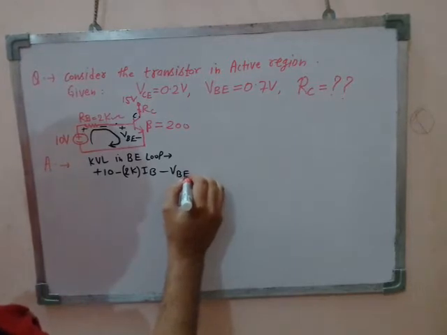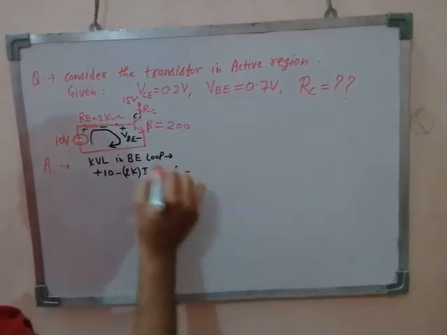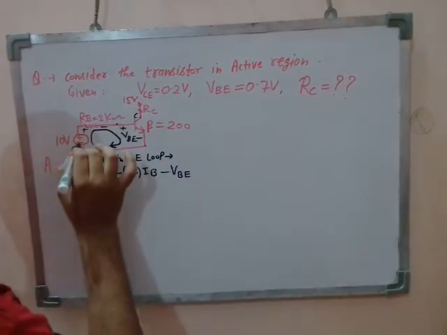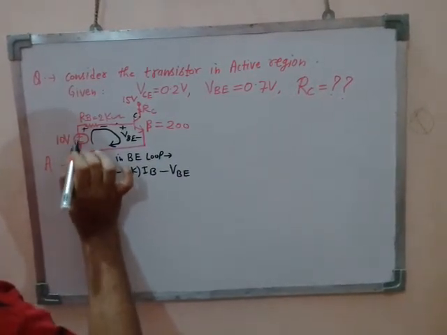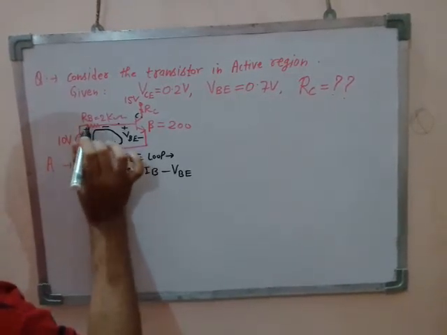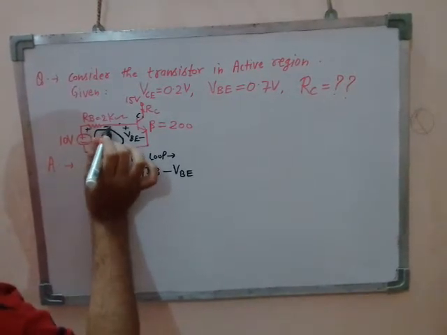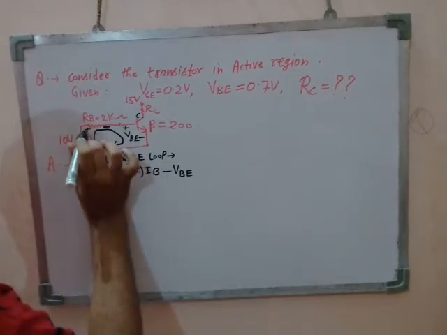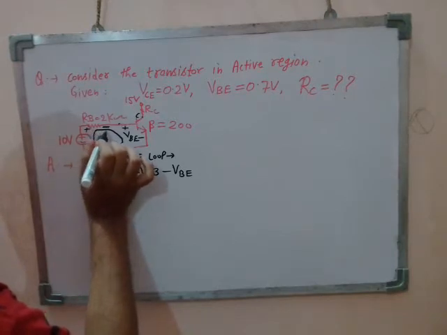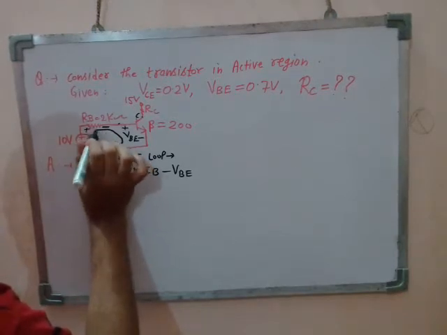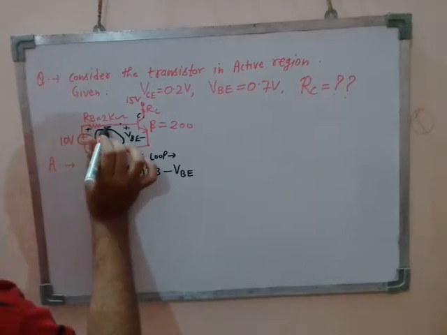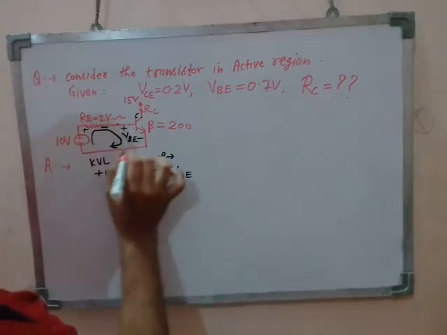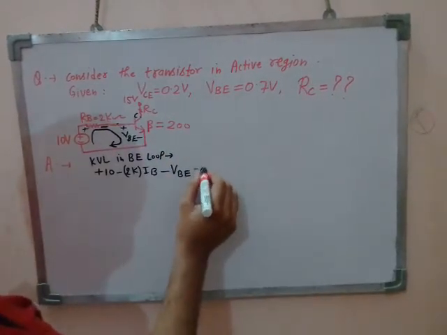Now the loop completes. Once again, starting from minus to plus 10 volt, then the voltage drop across the resistor, minus 2k into IB, then minus VBE, equals 0.